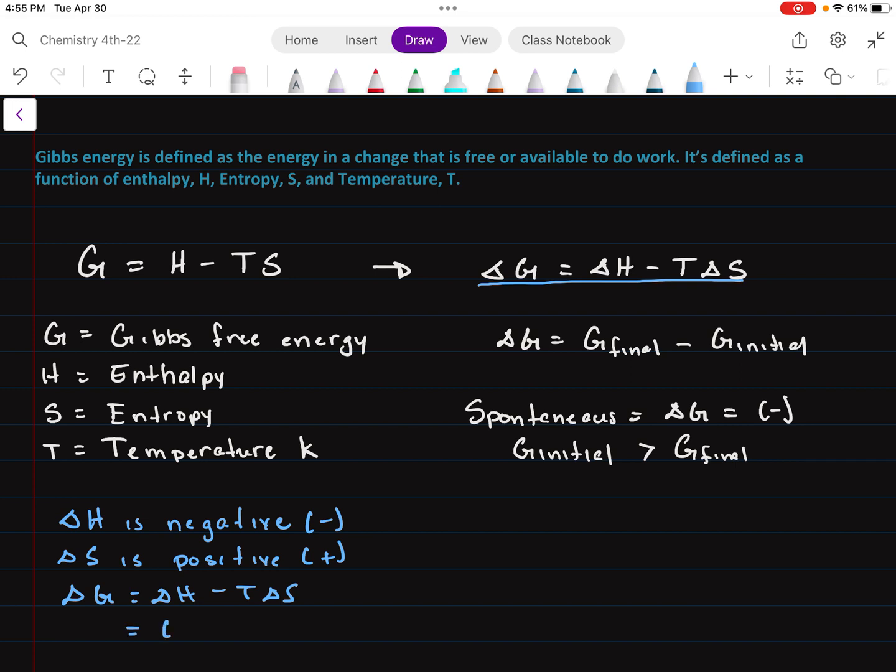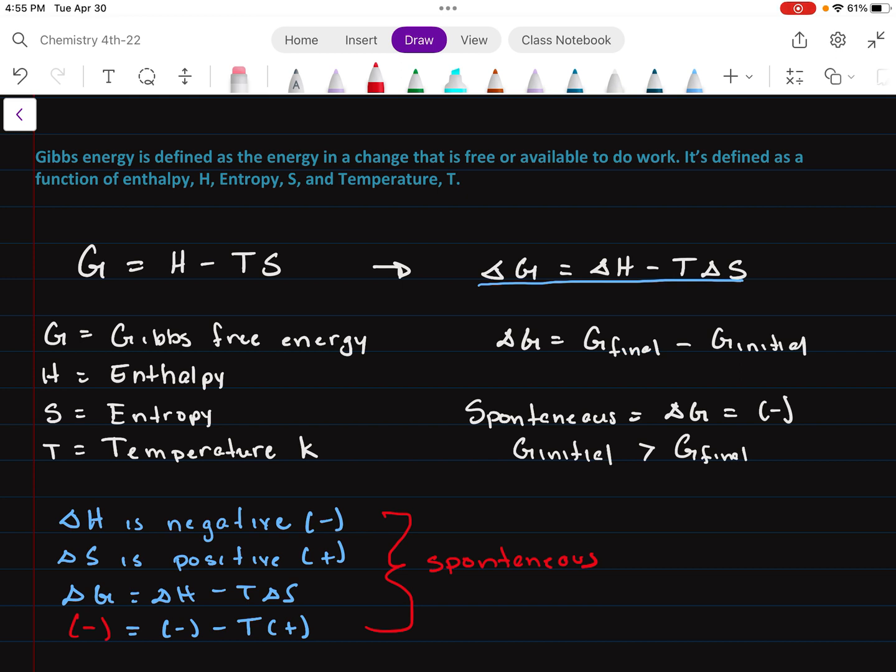It's going to look like this: negative minus temperature times a positive. Now, if you have a negative minus a positive, then you're going to end up with a delta G that's going to be negative. If that happens, then this reaction supports spontaneity. We're going to say that this is spontaneous, right? It's a spontaneous reaction.